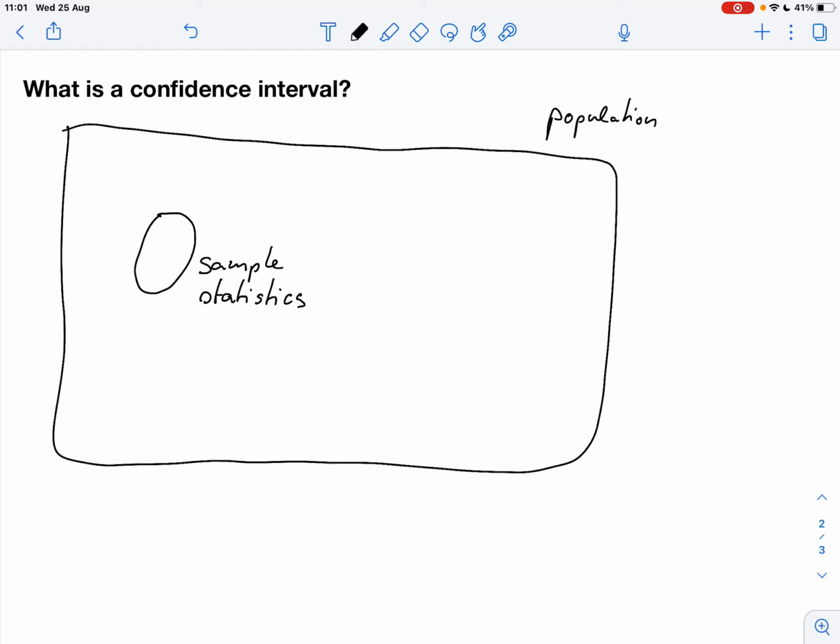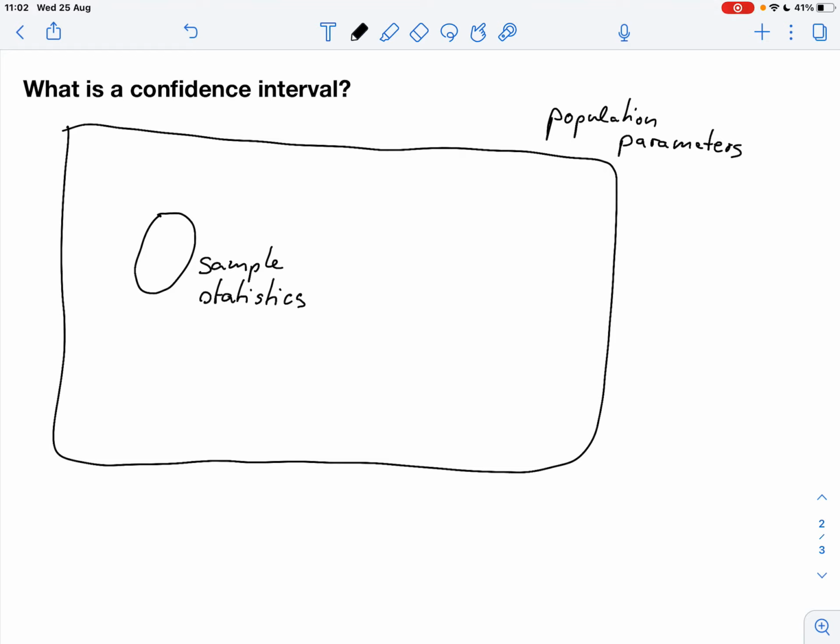And the population is characterized by its parameters. Again, it has parameters like the average height, spread, all sorts of things that characterize this population.